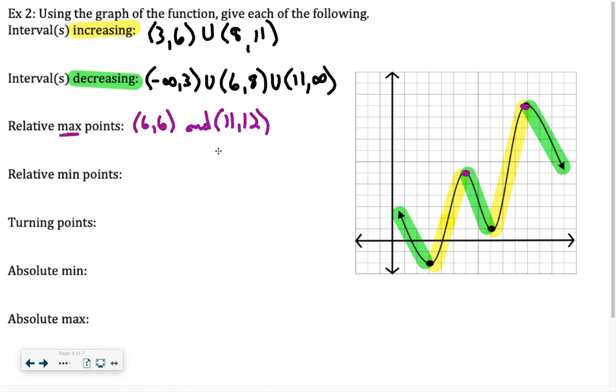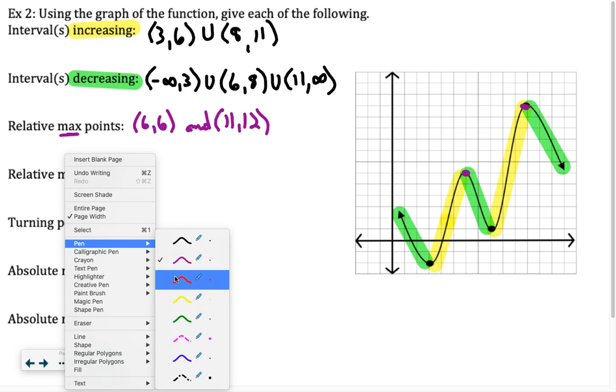Okay. It's another small thing. Just make sure these notations look very similar, even though these are intervals. These are coordinate points. So just make sure you don't get those two ideas confused.